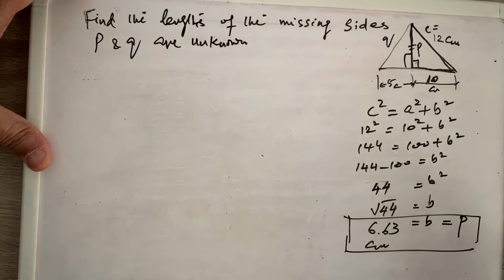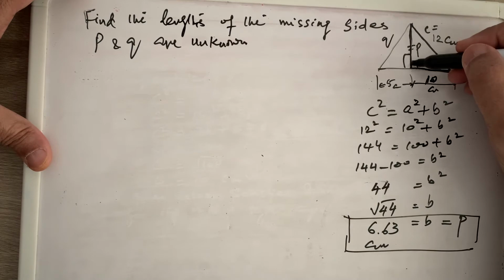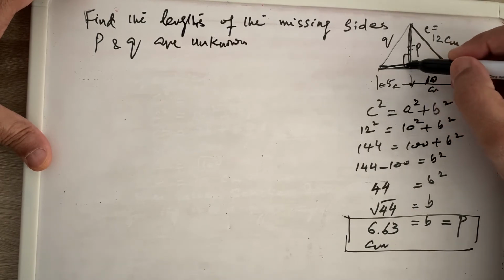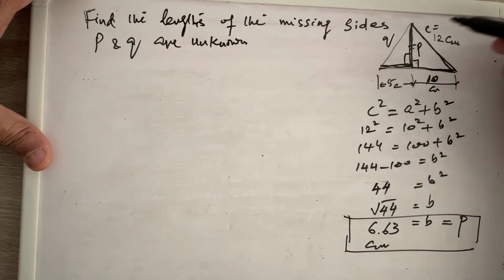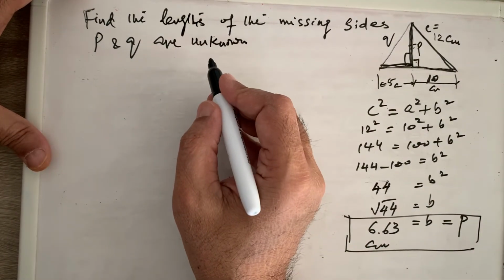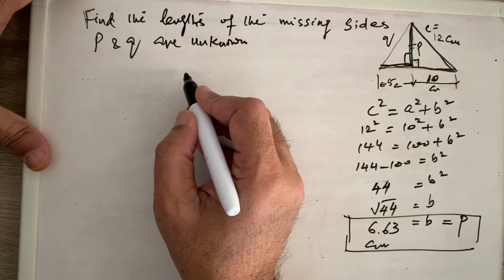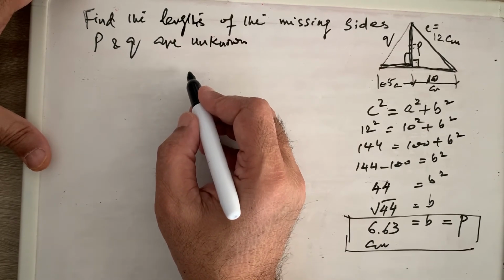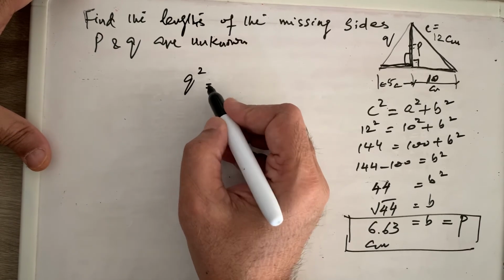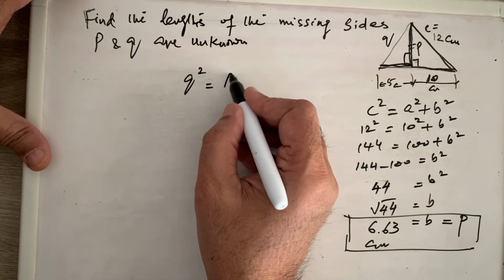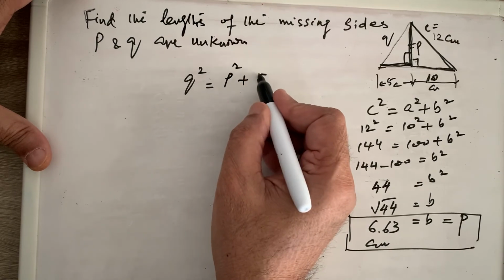6.63 centimeter. Once I know this P, then I have two sides known, or two legs known, in this triangle. So I can find out Q now for the second triangle. Applying the formula again, I can say Q square, which is the hypotenuse in this triangle, is equal to P square plus 5 square.